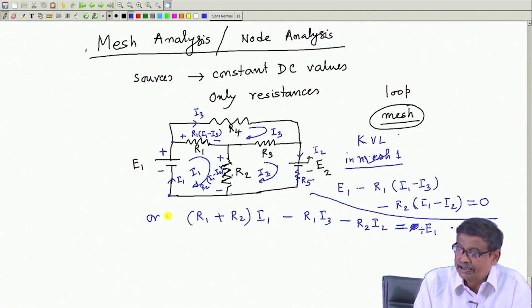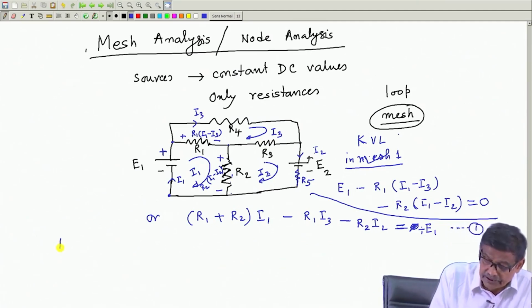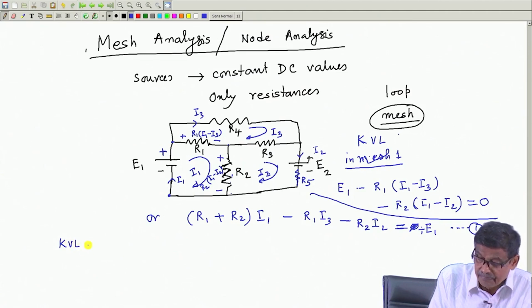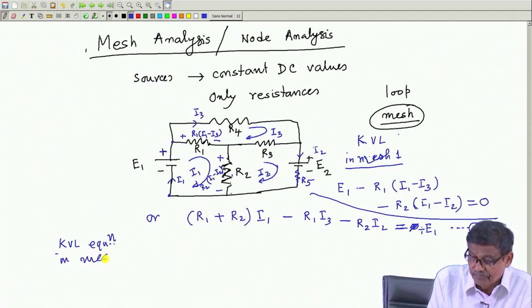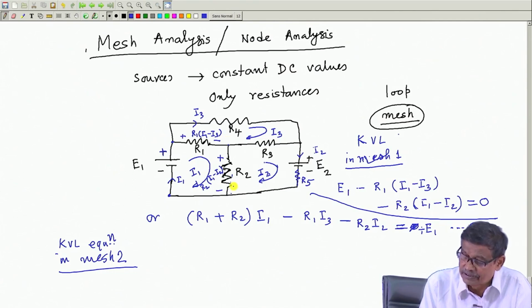So, if that be the case, one can write down once again in the same way the KVL equation in mesh 2, where I 2 is present.